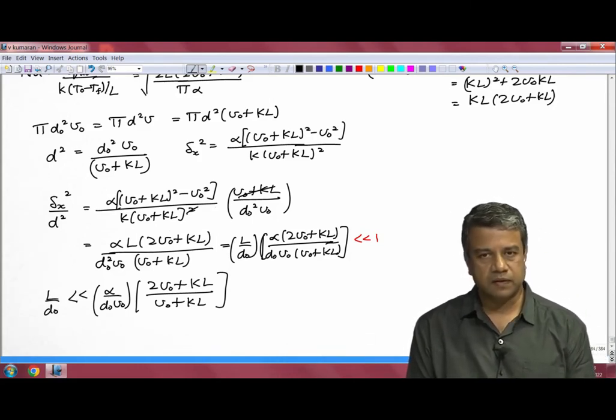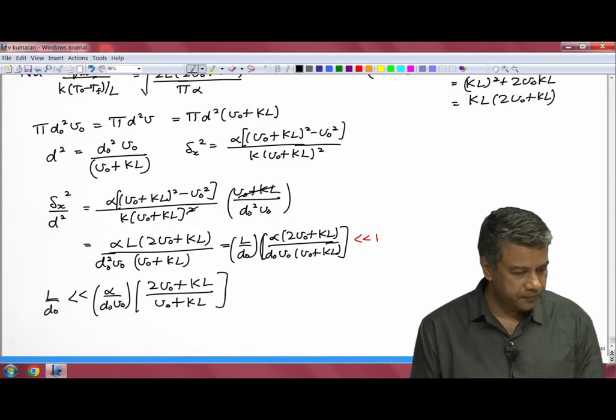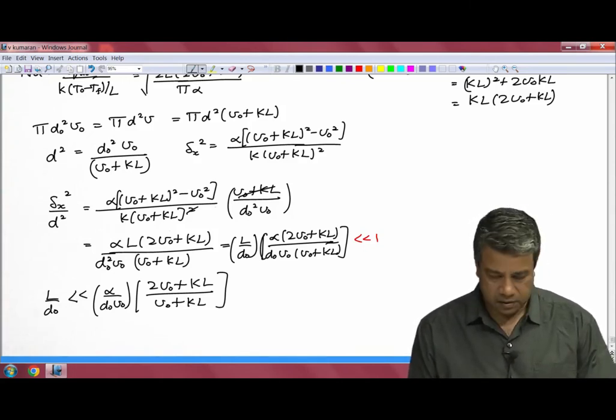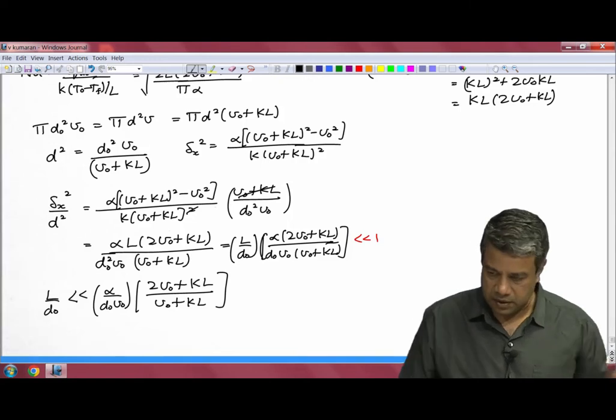Alpha by d naught V naught is a Peclet number. It is the inverse of a Peclet number based upon the diameter and the velocity. I have written it the other way around, my apologies.